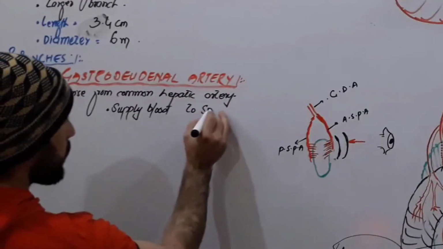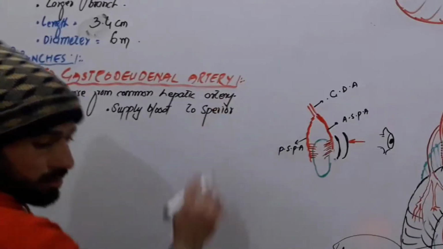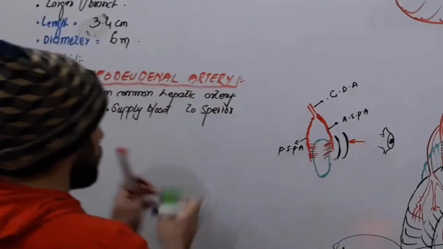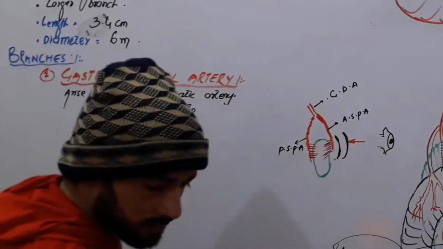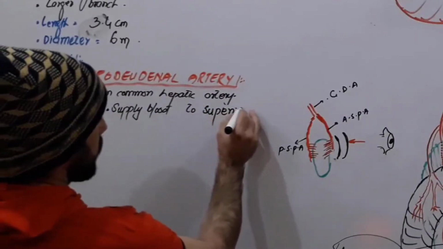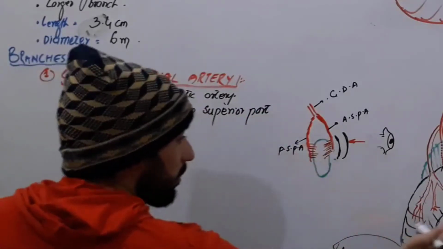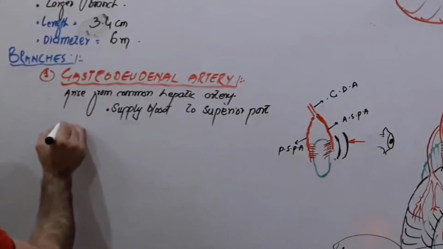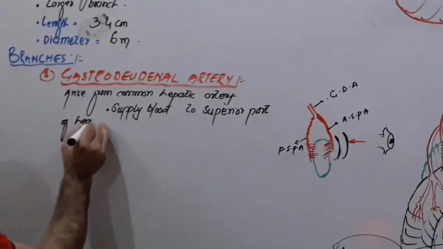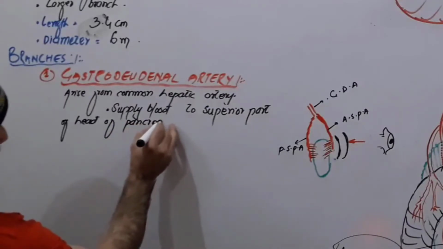To the superior part of the pancreas. Superior part of which part? Of the head of the pancreas, right? Superior part of the head of the pancreas. Okay, this artery supplies that.